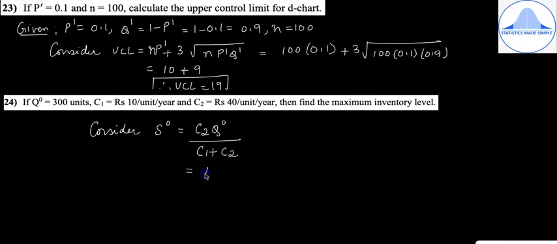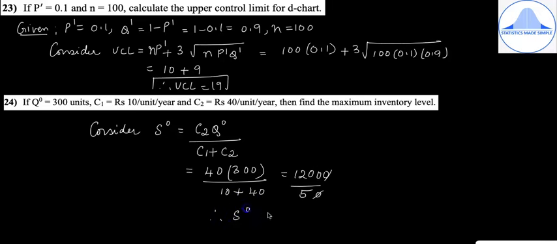So this is equal to 40 into 300 divided by 10 plus 40. So this is 12,000 divided by 50, or we get S to the power 0 is equal to 240, and write the unit of measurement, which is units.